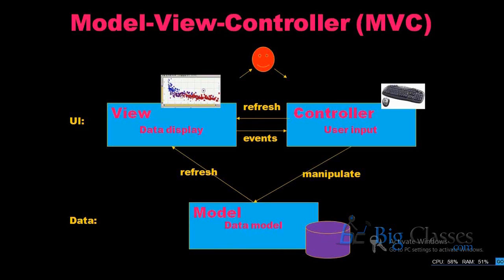Views are the components that display the user interface elements. In general, these user interface elements are created from the data of the model. That is a view. It covers the designing part, whatever it is, in the view. Next comes the controller.